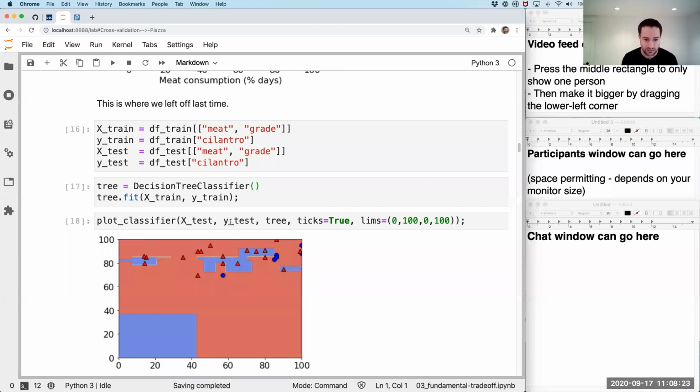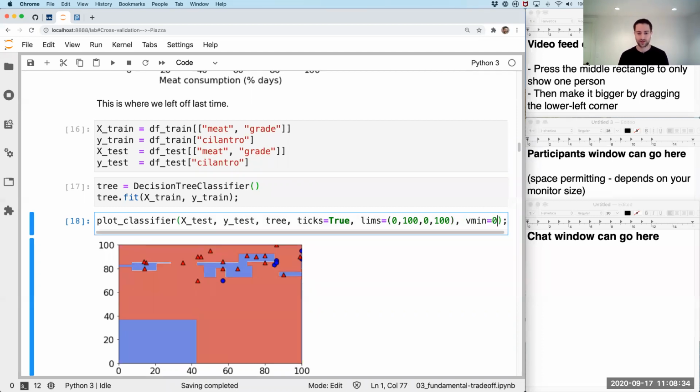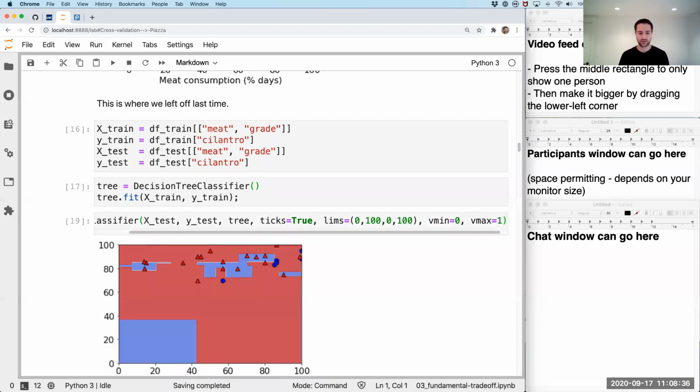Oh no, how did my colors get inverted? Let's see if I can remember what I did. Okay, oh, that still looks bad. Okay, my bad on this.